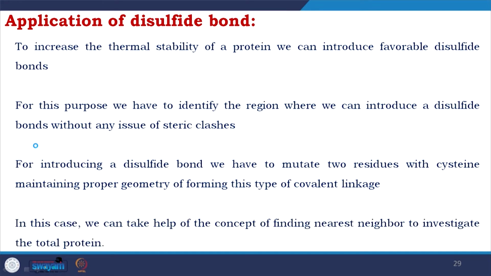In this case, we can take help of the concept of finding nearest neighbor to investigate the total protein. We will talk about the finding nearest neighbor concept when we discuss enzyme engineering or protein engineering. So, when you have to do those calculations, you have to understand the geometry very well.